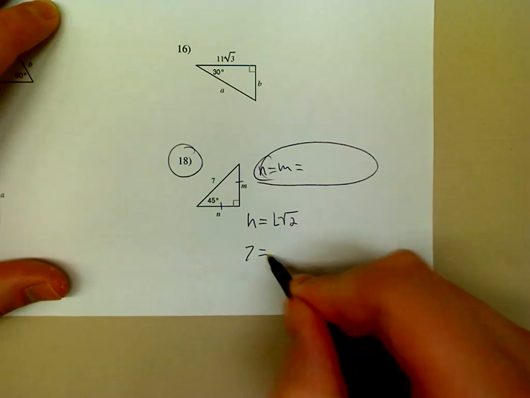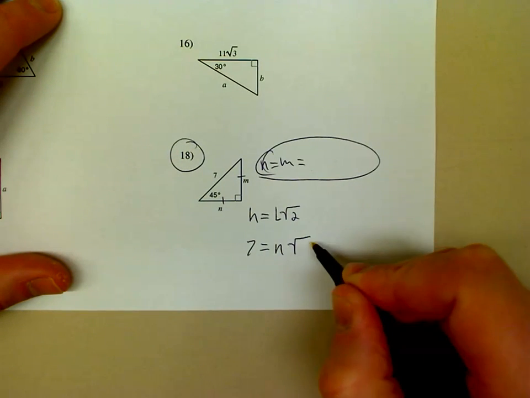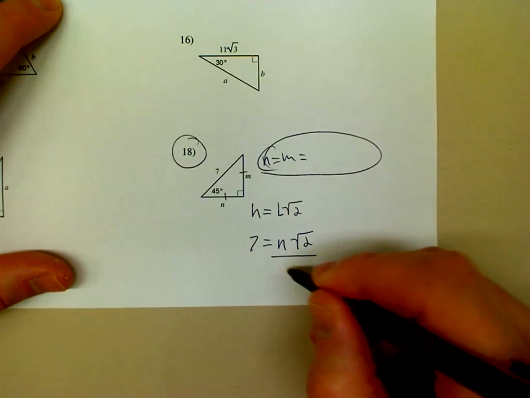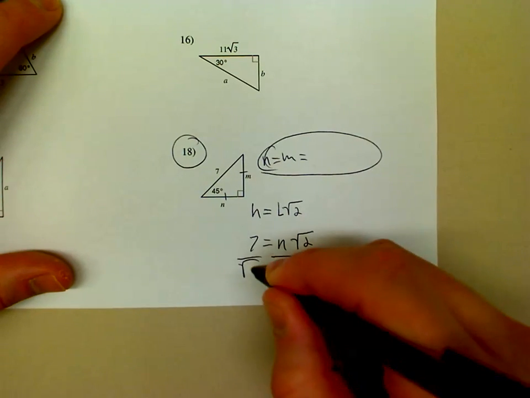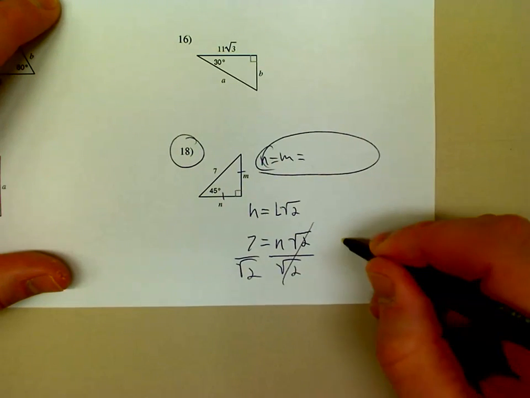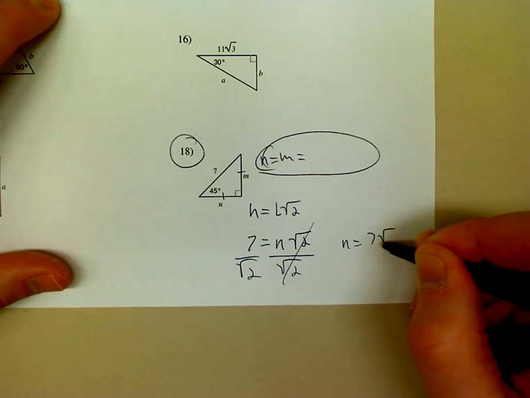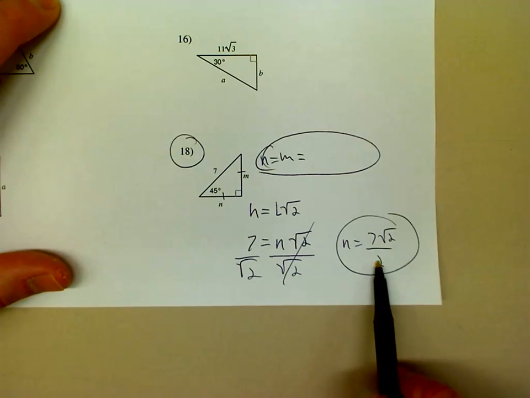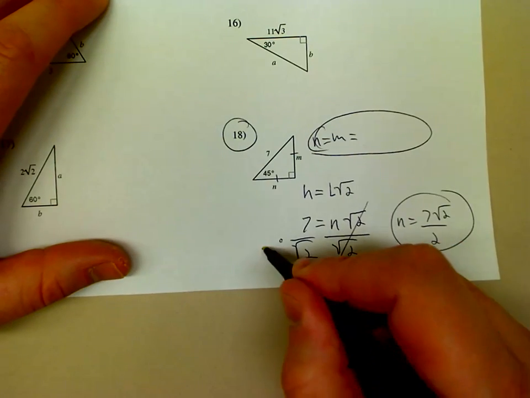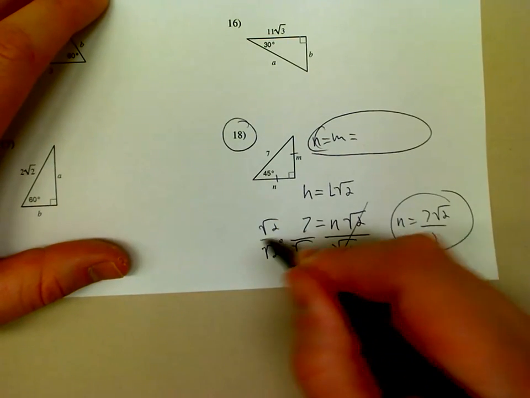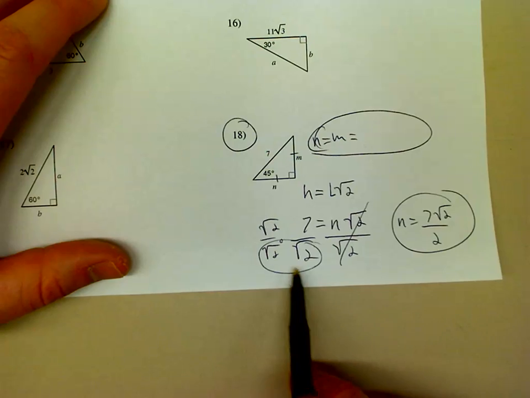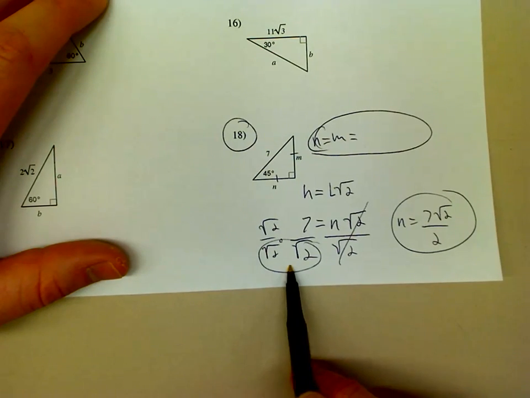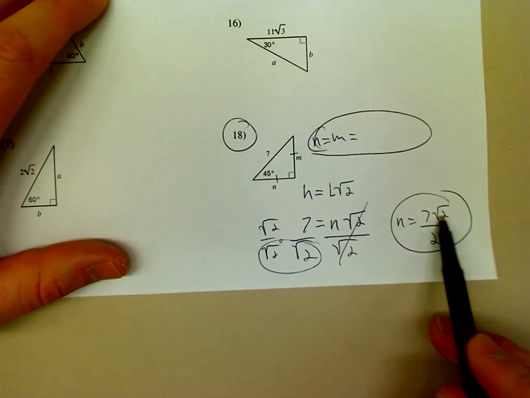So 7 equals n square root of 2. How do I get this? Because I multiply top and bottom by the square root of 2. This turns into a 2. And I just combine these two to get 7 square root of 2.